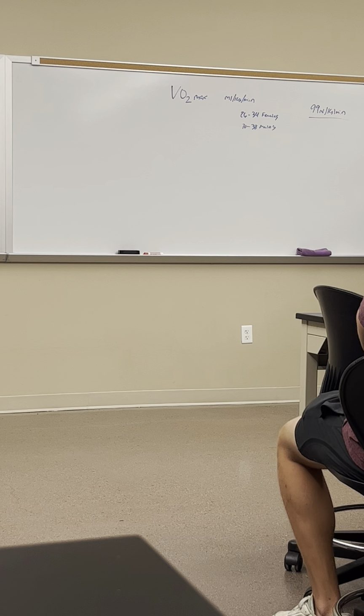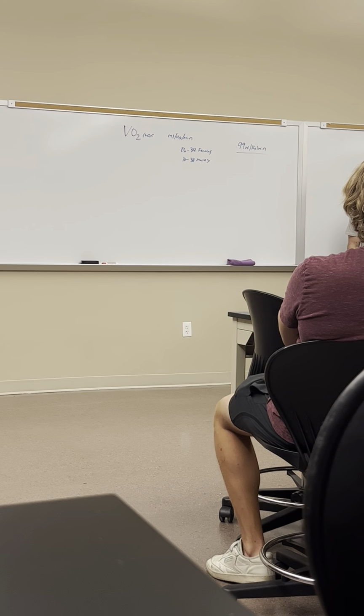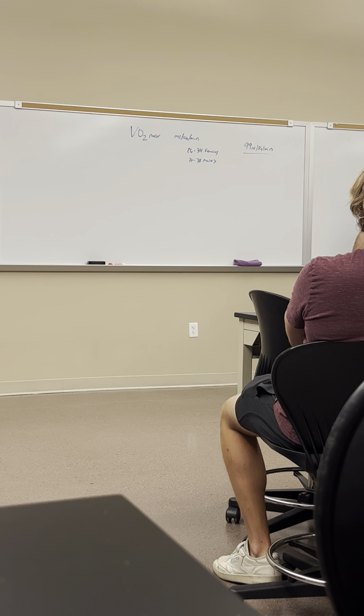Which means, I had a kid come out and try out for the cross-country team. Never really done sports before, but decided they wanted to try for the cross-country team. We did a VO2 max test on them. They never really worked out much in their life. Their VO2 max was 50. Then we put them on a training program and tested them again several weeks later.